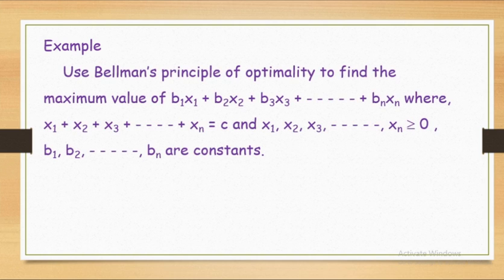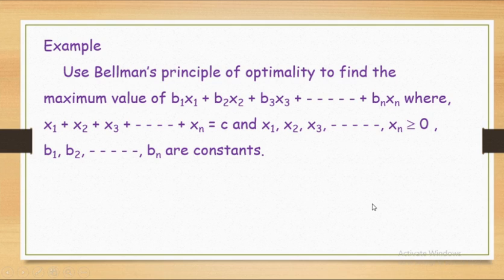Use Bellman principle of optimality to find the maximum value of b1x1 plus b2x2 plus b3x3 plus up to bnxn, where x1 plus x2 plus x3 plus up to xn is equal to c, and x1, x2, x3 up to xn are all greater than or equal to 0, and b1, b2, b3 up to bn are constants.